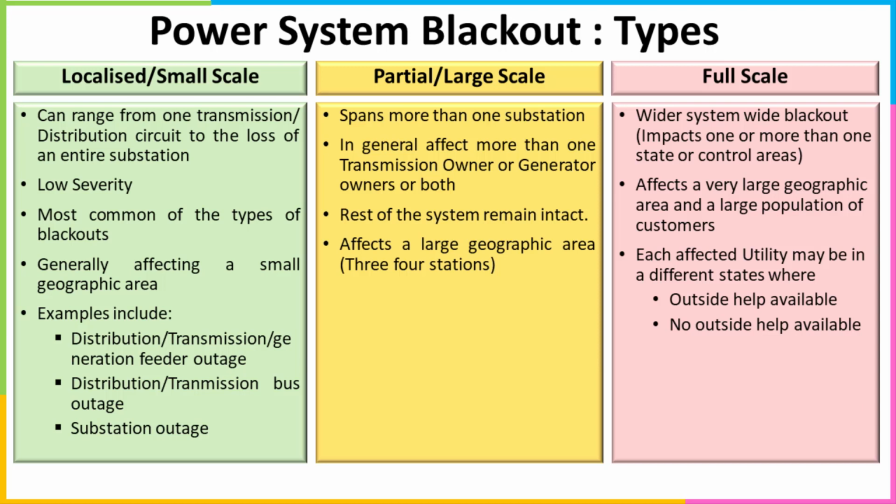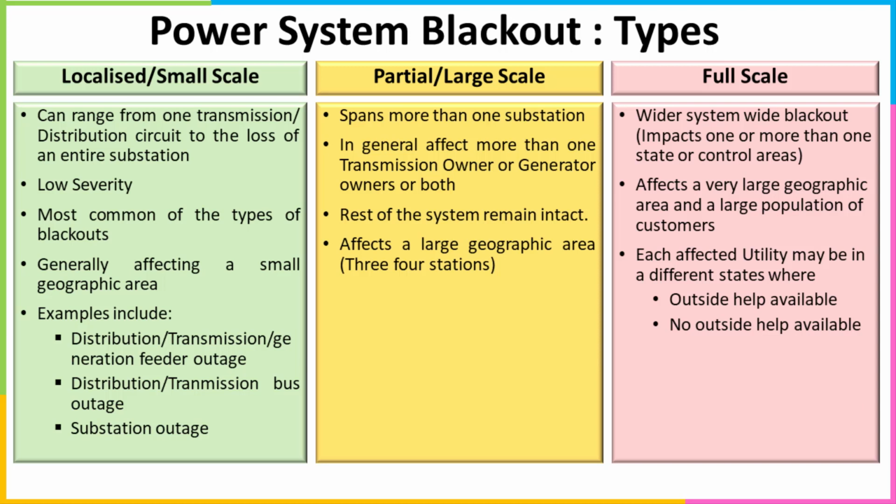Then we have a partial or large-scale blackout. What can happen in that? Let us say we have a delayed fault clearance at one of the substations, so the remote-end lines also get tripped, impacting more than one substation. So in a larger scale, more than one substation can be involved, and that impacts the area.